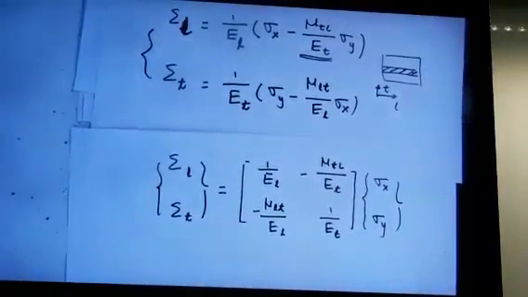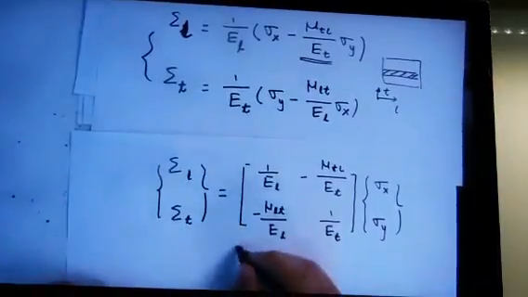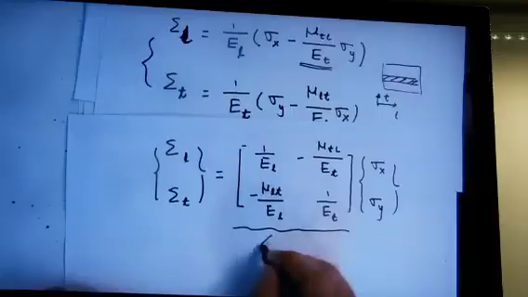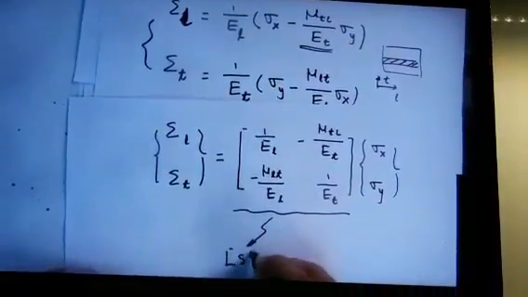There's a name for this matrix. It's called the compliance matrix, S.